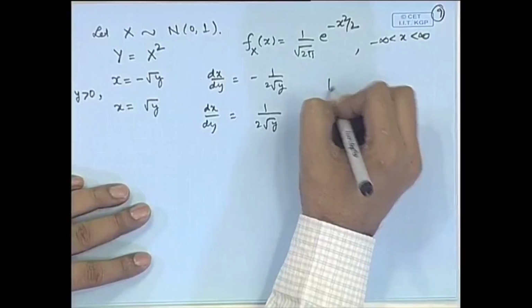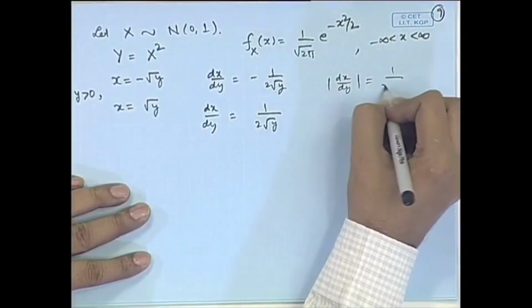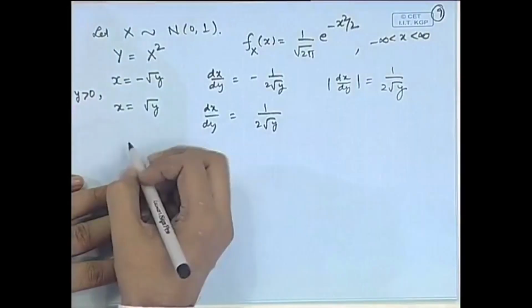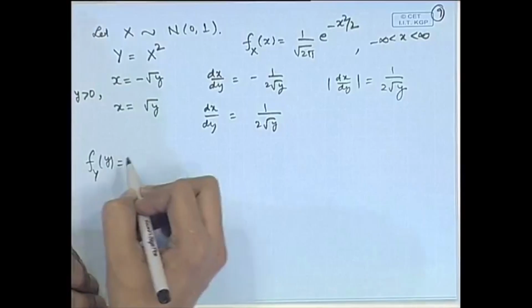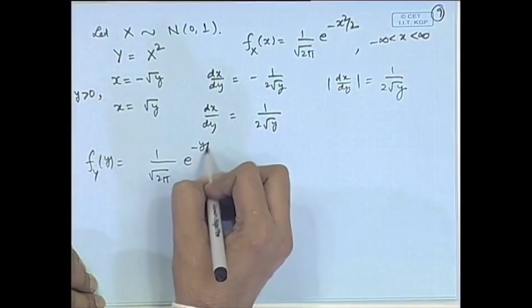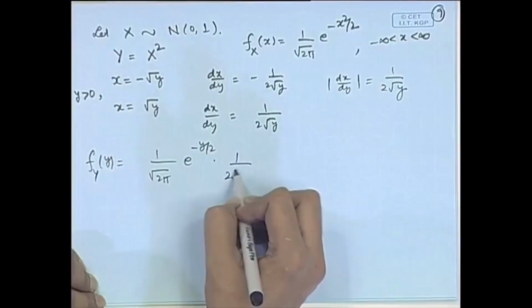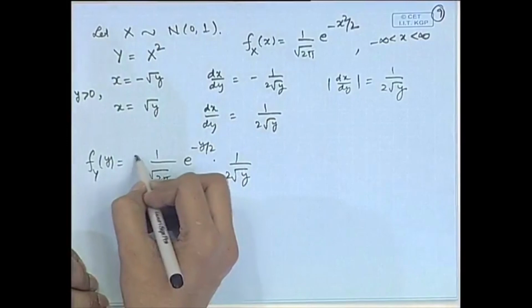So, when we take absolute value of dx by dy in both the regions, it is 1 by 2 root y. So, the density function of y is obtained as 1 by root 2 pi e to the power minus y by 2, 1 by 2 root y, and second time again the same term will come. So, we will write 2 times.